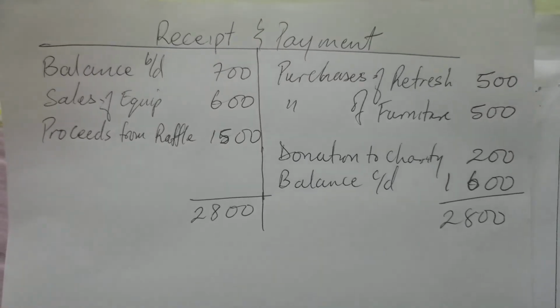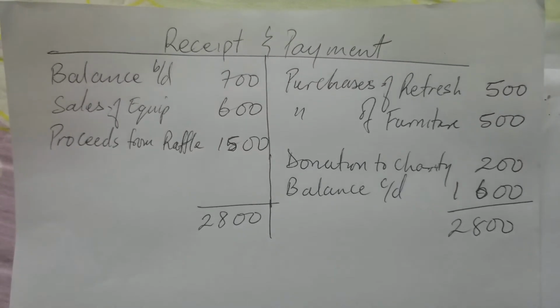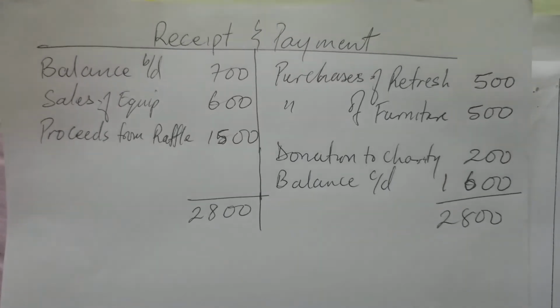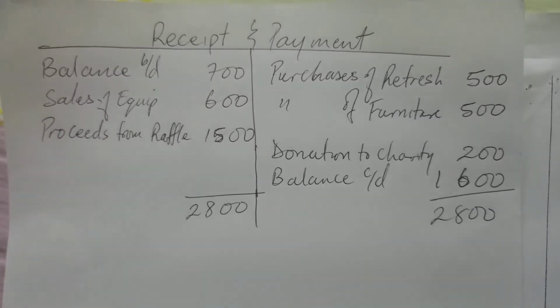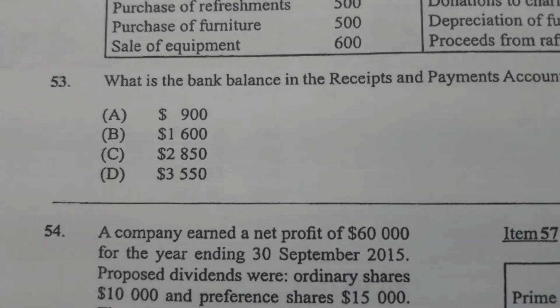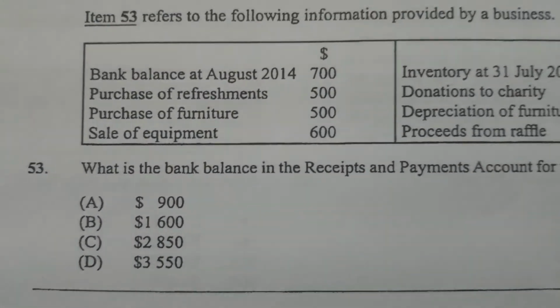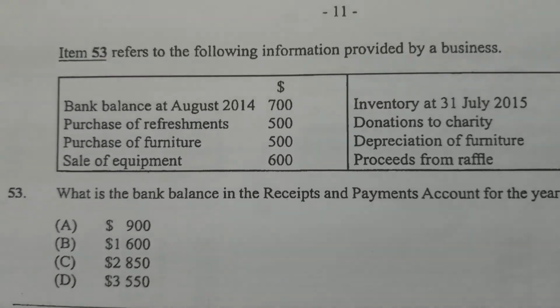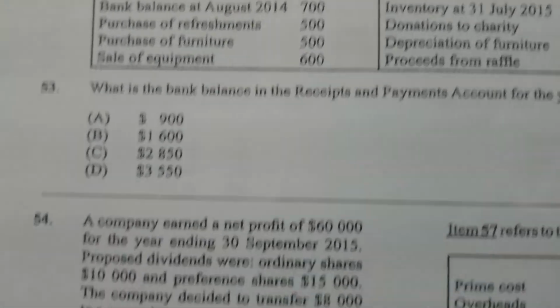We would put in the monies that we would have received, the opening balance, subtracting from what we'd have paid out, and we got $1,600. When we go to the question now, we'll see the answer is B. B is the appropriate answer for item 53.